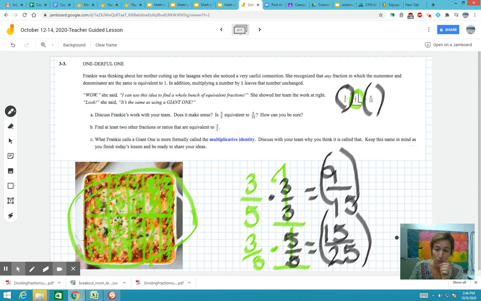Now, it says what Frankie calls a giant 1 is more formally called the multiplicative identity, and they want us to discuss this with our team. But what I'm going to do is share with you the definition of a multiplicative identity, and we will work later together to ensure that we have a really good understanding of what it means.